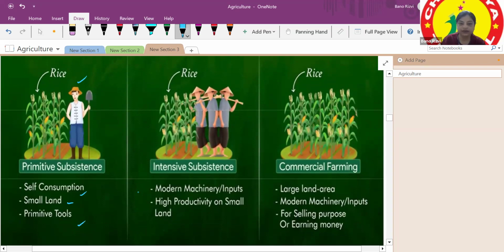In intensive farming, modern machineries are there, and high productivity on small land is achieved. In commercial farming, a large land area is used, and modern machineries and inputs are taken in for selling. Mostly they sell their harvest, and their intention is to earn good money. So this is the comparison between the three.